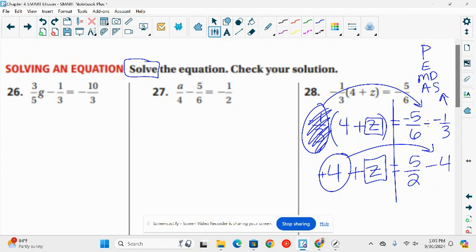So 5/2 take away 4 equals -3/2. Is that what you said? So when you see those parentheses, you still have to remember multiplication.